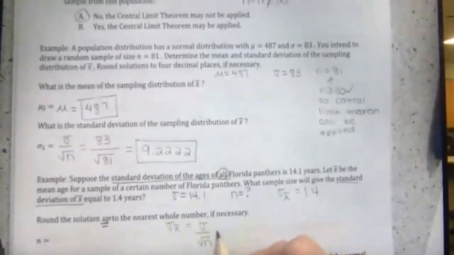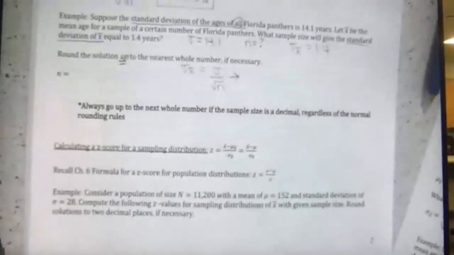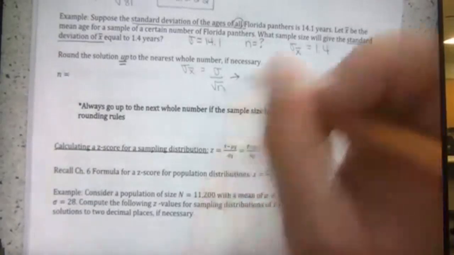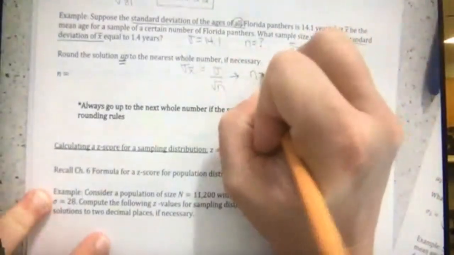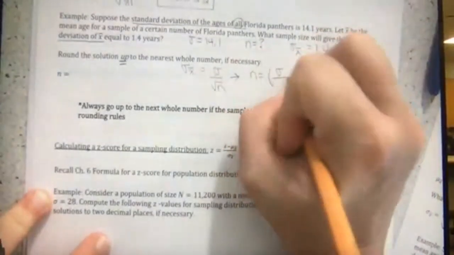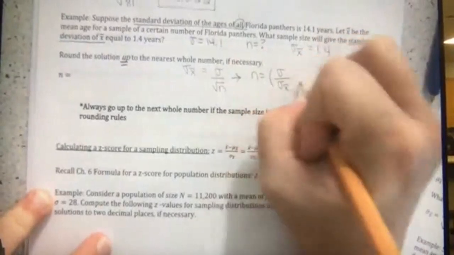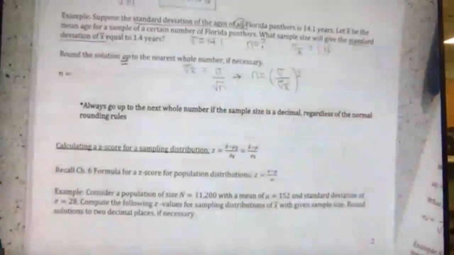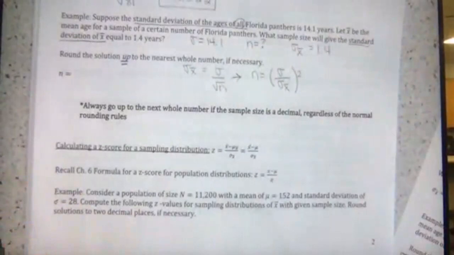If I were to solve this for n, I'd multiply both sides by the square root of n, divide by sigma sub X bar, and square both sides, but we don't have to worry about that because it gives us the formula. So n equals sigma over sigma sub x bar, squared. And I write a little note, this is on your formula sheet.